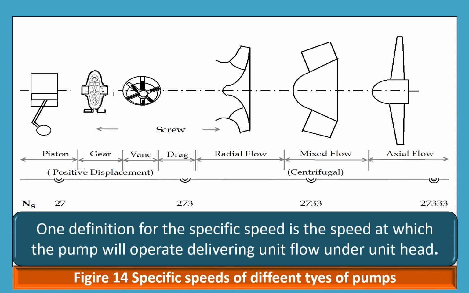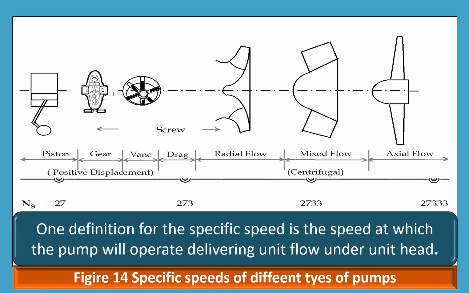One definition of specific speed is the speed at which the pump will operate, delivering unit flow under unit head. In other words, it can be termed as the ratio of flow to head. In the above figure, the specific speed is given in English units.